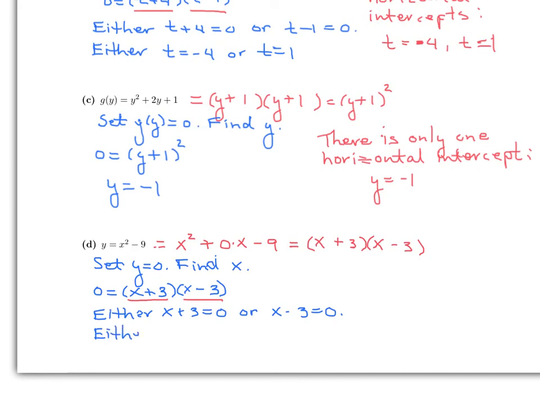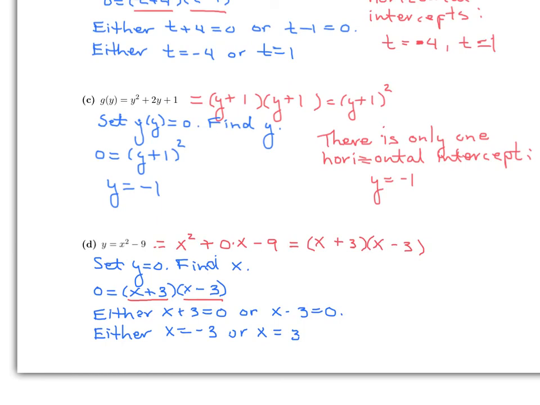Consequently, either x is negative 3, that would happen if this was true, or x must equal 3. And that would be the case if this was true, because 3 minus 3 is 0. So what we've found is that when we set the output equal to 0, there are two values that x could be that would cause y to be 0.